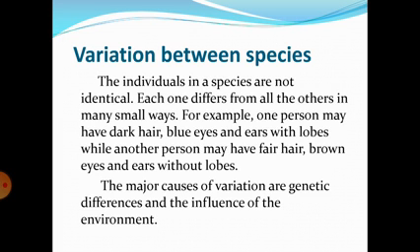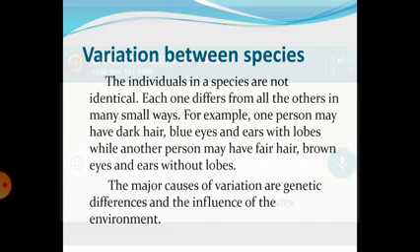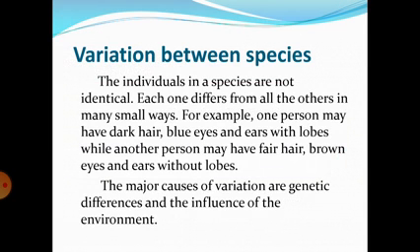The major causes of variation in a population are genetic differences and the influence of the environment. Genetic differences are concerned with those traits that are inherited from parents. When parents bear children, each child inherits some characteristics of the father and some of the mother.